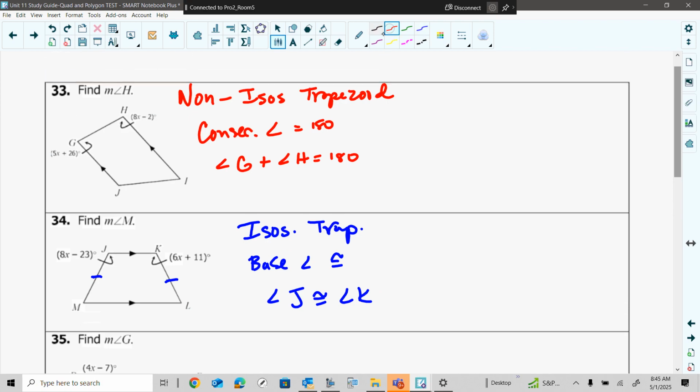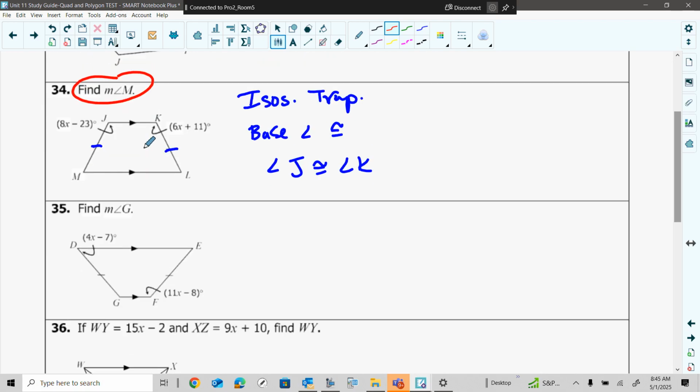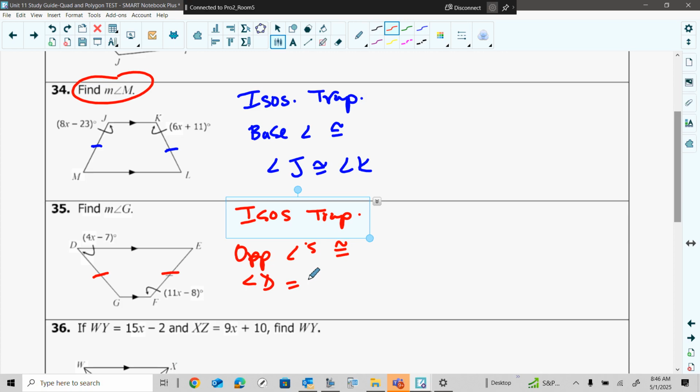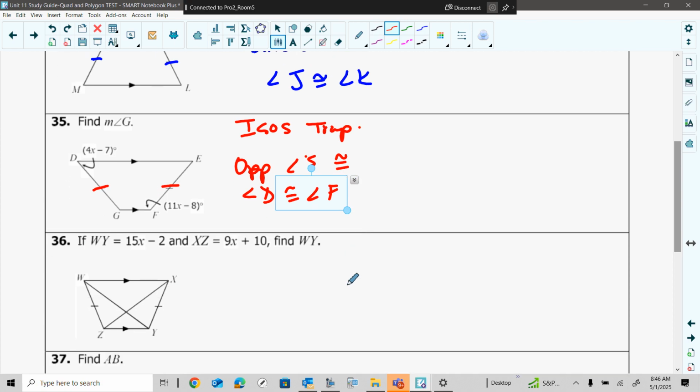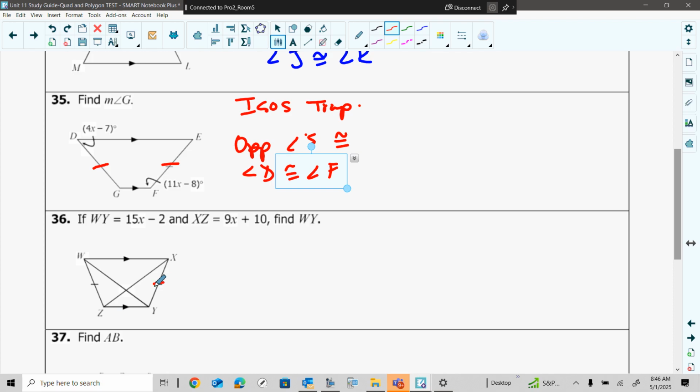Now, make sure you're finding the angle. Find the x, but then plug it back in, find the angle. So here we have tick marks. So again, we have an isosceles trapezoid. And D and F are opposite, and then isosceles trapezoid opposite angles are congruent. 36 is also isosceles.